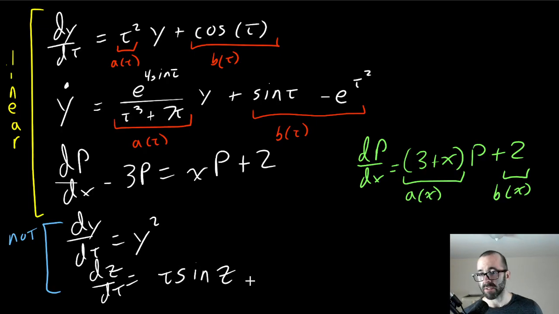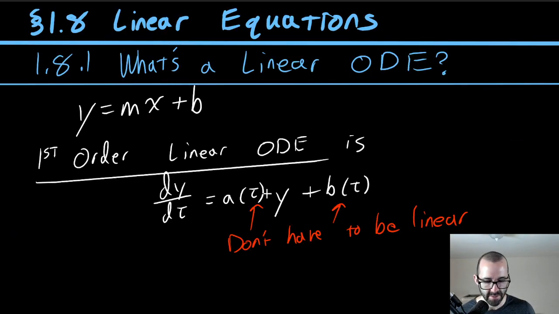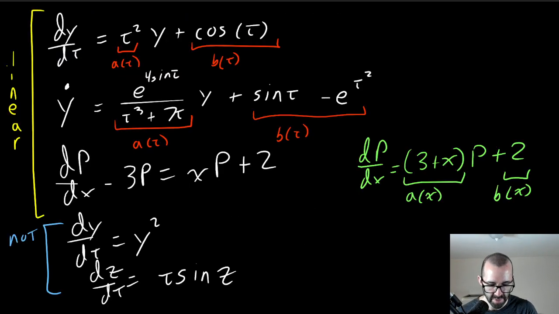Again, this is not a bad differential equation. It's also a separable differential equation. We can also solve it. But it is not a linear differential equation. Linear means function of t times y plus another function of t. So those are linear and nonlinear differential equations.